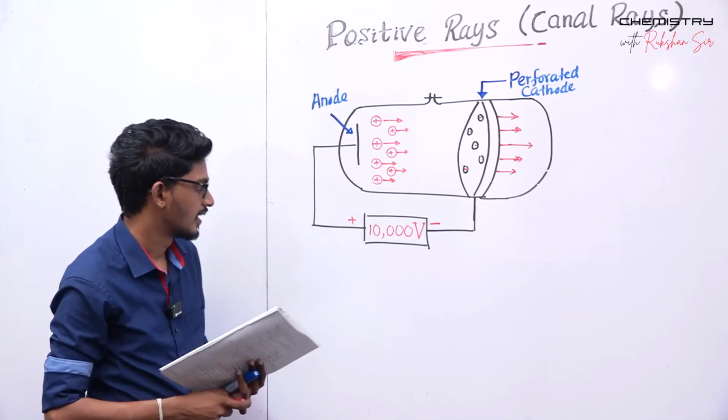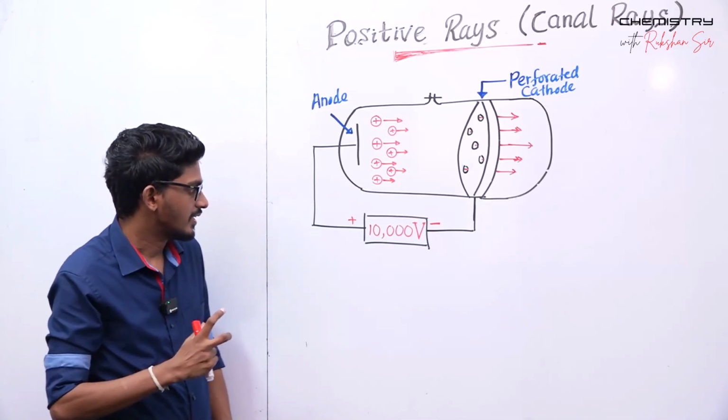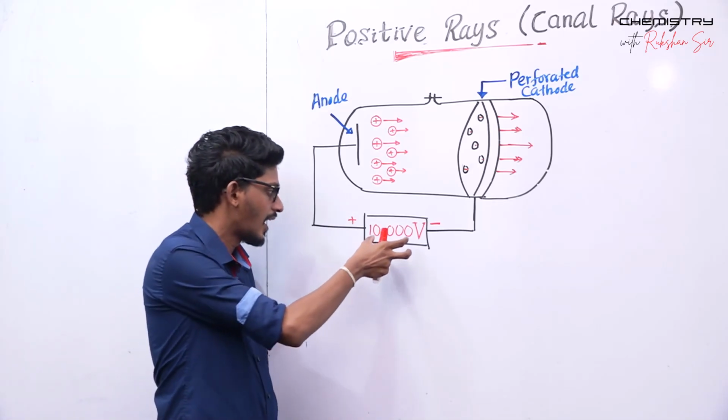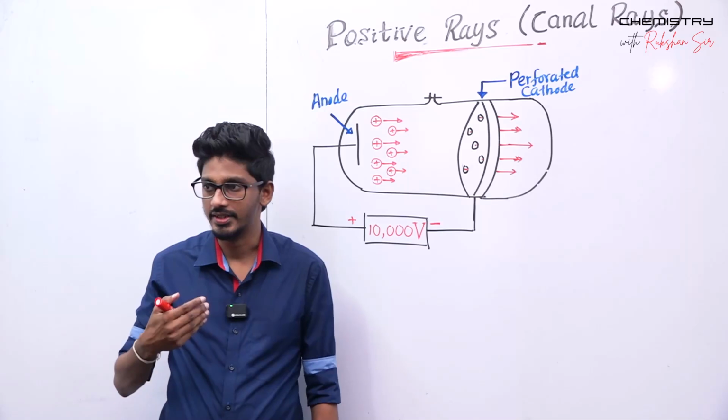Okay, first thing: we need a higher voltage than in the cathode ray situation. Let's see why.